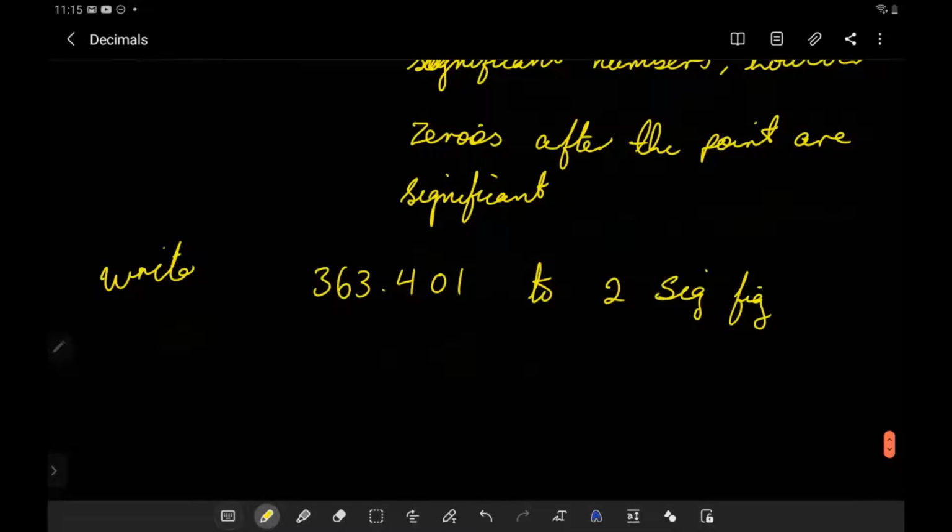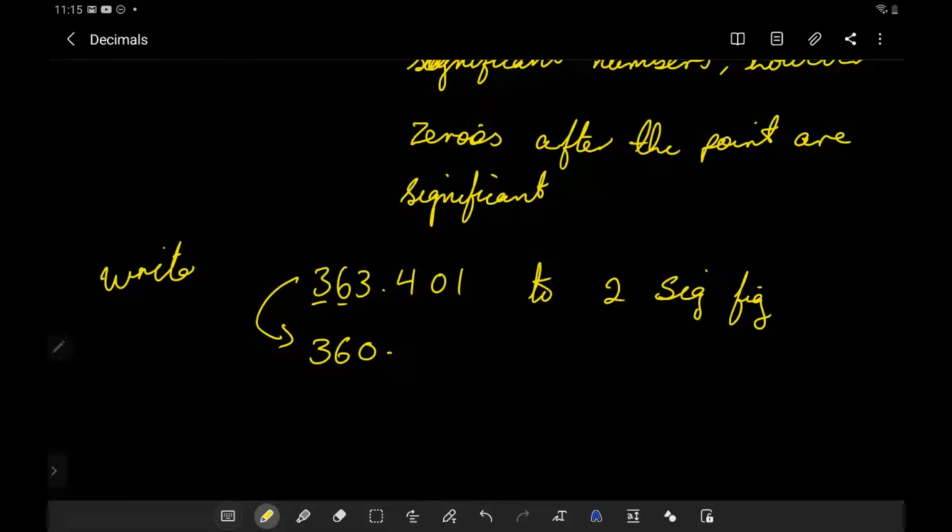What would this be if I was to write it to 2 significant figures? My first 2 significant figures are the 3 and the 6. So this would be written as 360, because remember, zeros before the decimal point are not significant. So the 2 significant figures is 360.